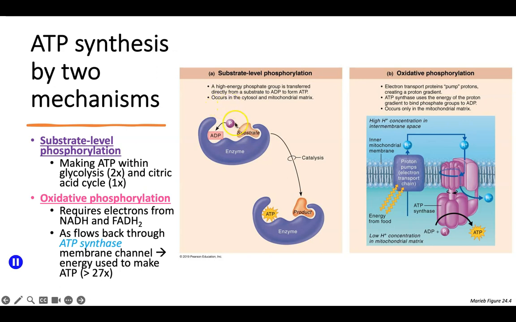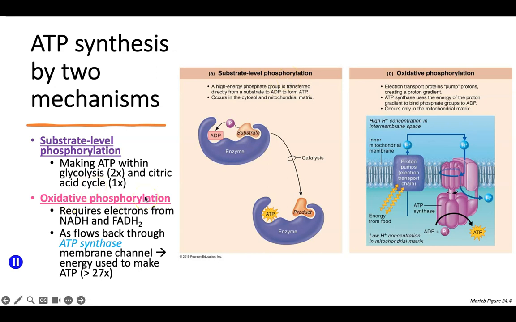And so for substrate level phosphorylation, we have an enzyme that is directly moving a phosphate group from a substrate to ADP. So we're adding a phosphate to ADP, which is adenosine diphosphate. And when we add that phosphate to that molecule, it becomes adenosine triphosphate. So there are 3 phosphate groups, ATP. So that's substrate level phosphorylation.